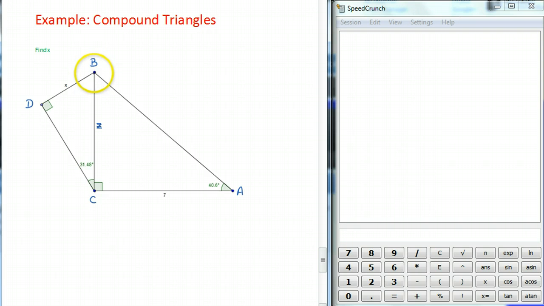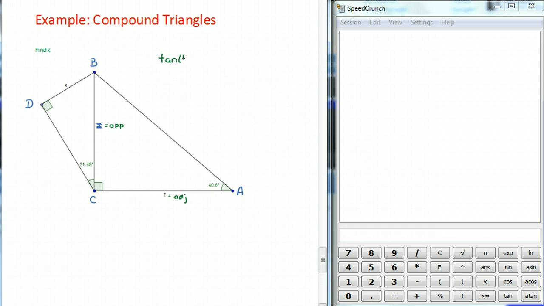That leads me to go back to triangle ABC, where I now have two pieces of information: length 7 and angle A. With reference to angle A, Z would be the opposite and 7 would be the adjacent. So therefore, we're going to use the tan ratio.